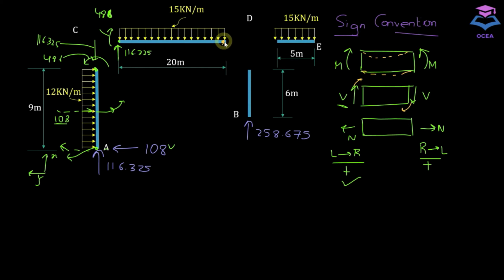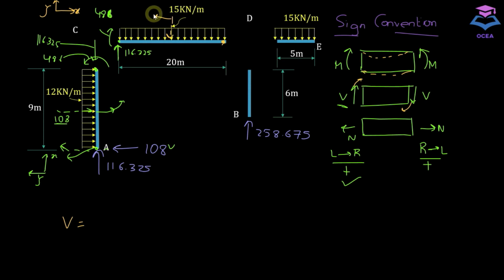Moving forward, we need to calculate internal reactions here. For shear force, let's first set the local axis. I've taken this as x and this one as y. For shear force, stand on section C on the left hand side and take the algebraic sum of all the forces acting in y direction.